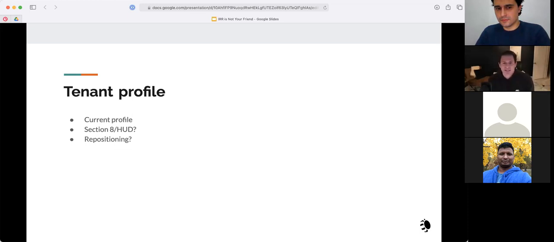Also in the business plan, and this has to do with underwriting as well, but I put it in this section for now, is to really look at your expense ratio. And if they're too low, maybe your operator is being a little optimistic, right?